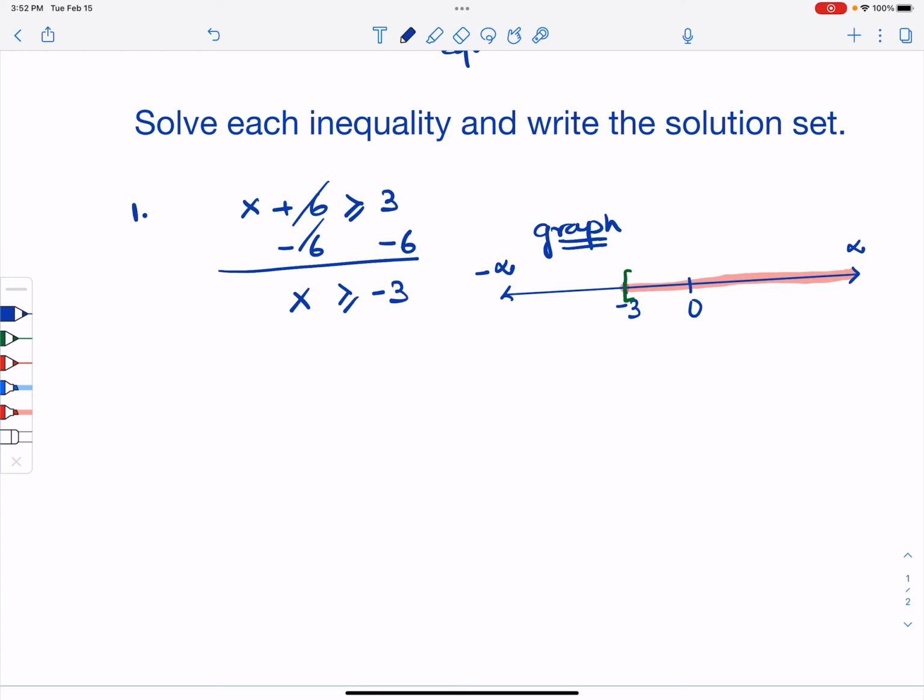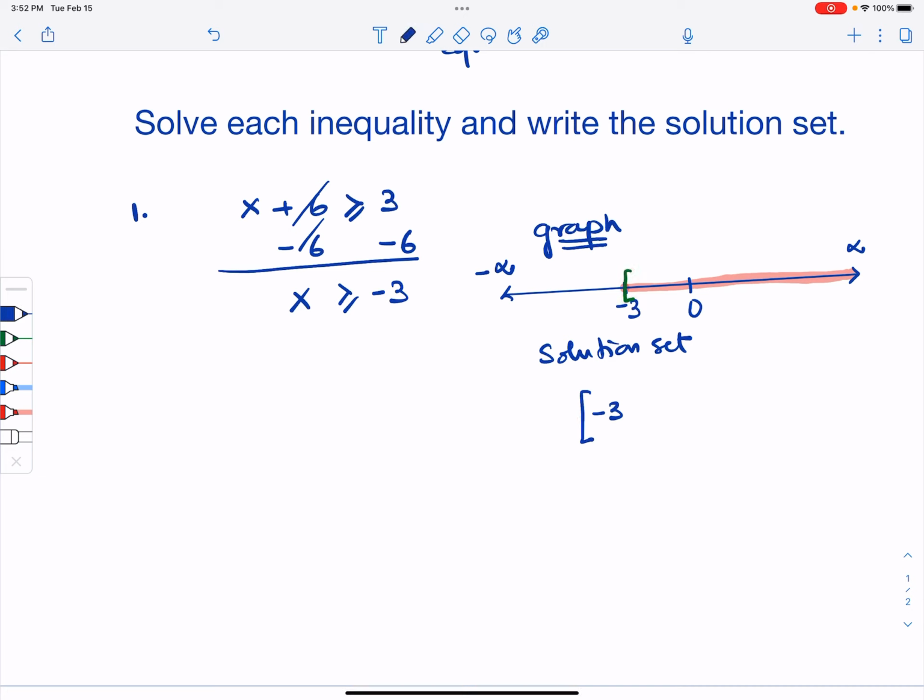But then the question is saying write the solution set. So the solution set is actually going to be, you start out with a square bracket, the same square bracket that we put out there. You put the -3, and remember, this square bracket means it includes the value of -3, okay?